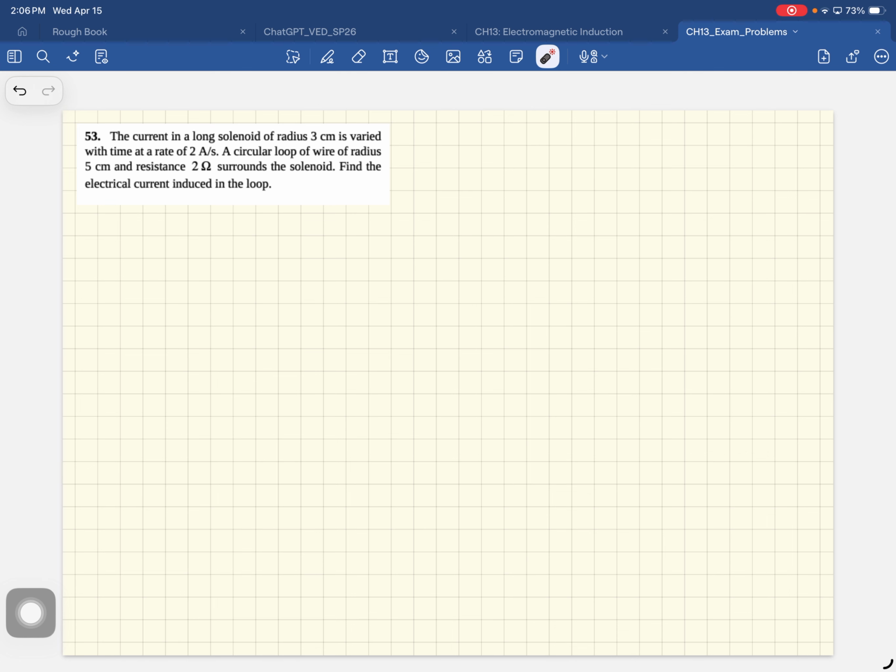And then they give you the resistance of the loop to be 2 ohms, and we can calculate the induced current.